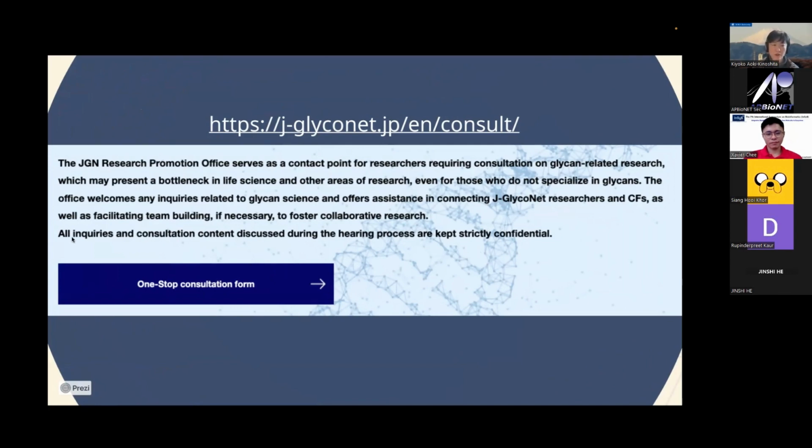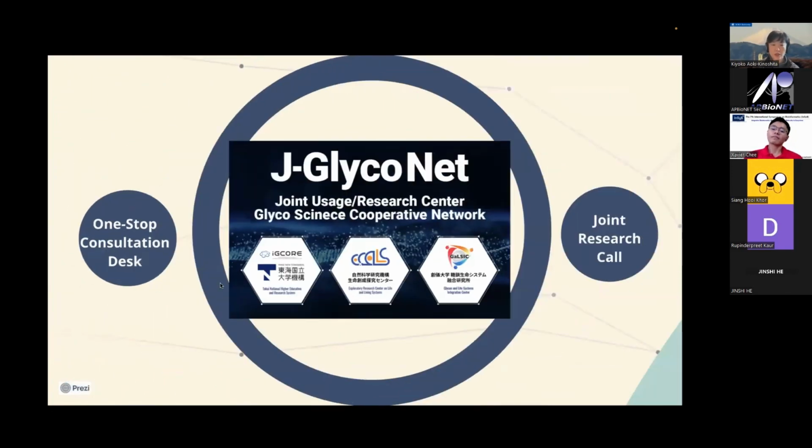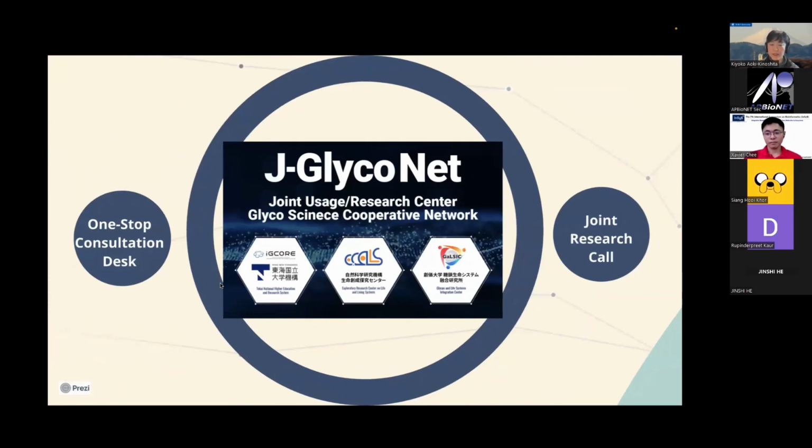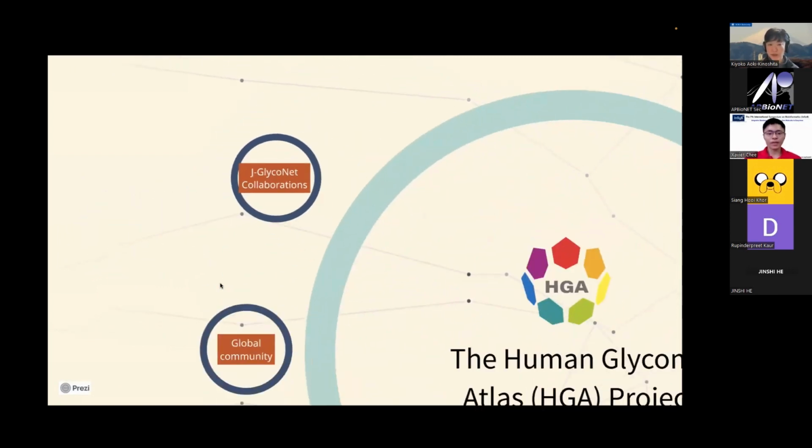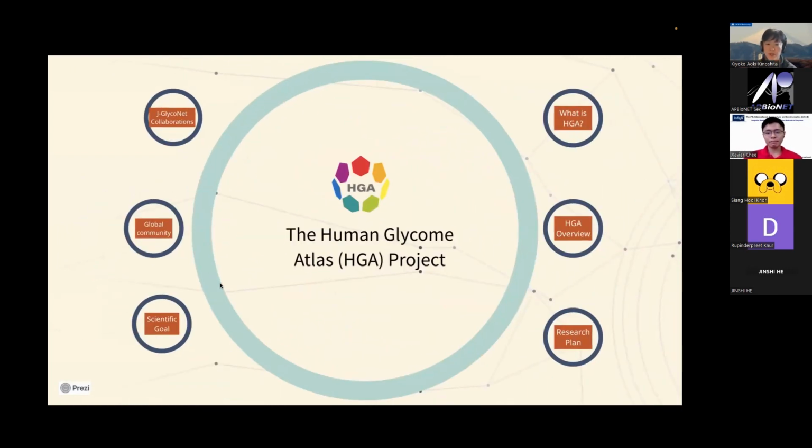This consultation desk will help to assist in connecting you with JGlycoNet researchers and collaborative fellows to help team building and foster collaborative research. So these are two resources which we are providing, and which we hope will allow many people to participate and take advantage of this Human Glycome Atlas project.